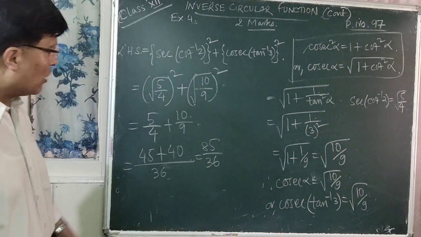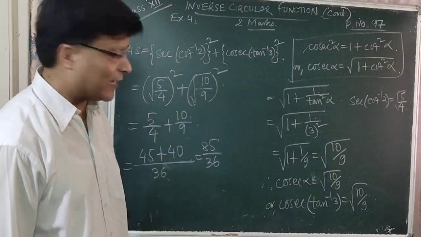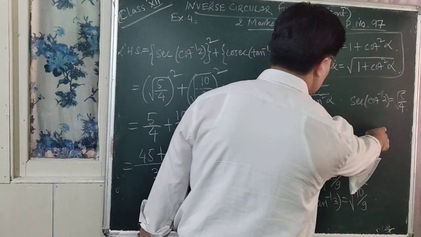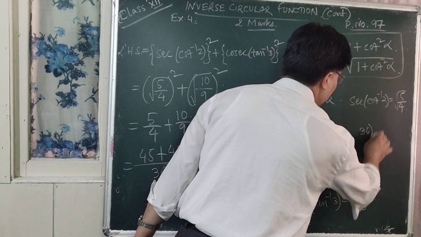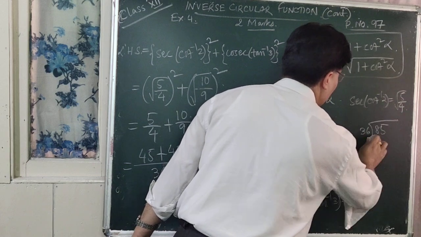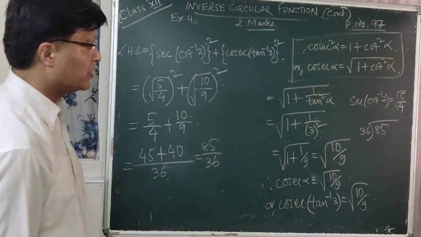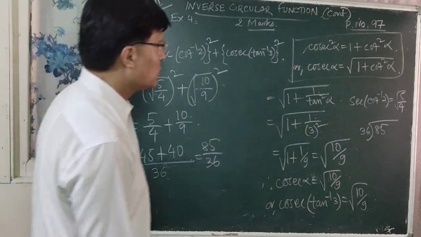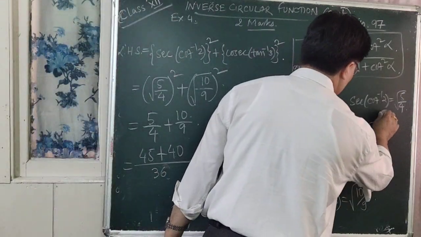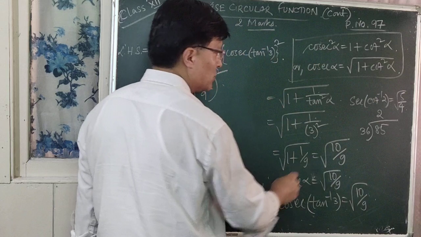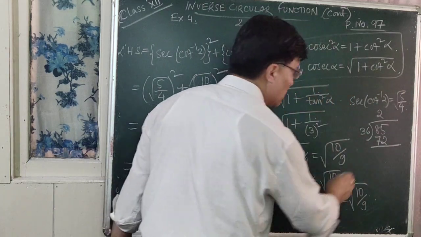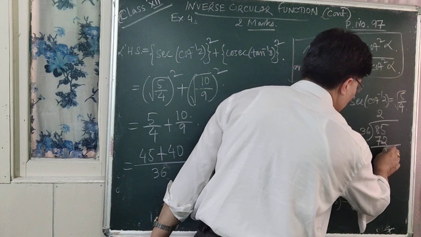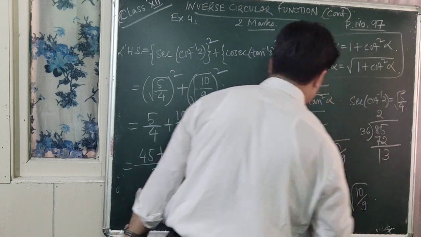Okay. Now let us write it in terms of mixed fraction. Let us divide it here in the rough work. This 85 should be divided by 36. So 2 times 6 are 12. 2 times 3 are 6 plus 1 is 7. So what is 5 minus 2? 3. 8 minus 7 is 1.